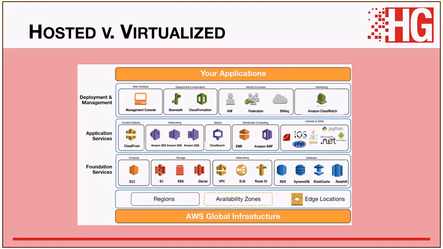So you think about it, there's multiple regions. They have edge locations that tend to be very, very close to where most customers are. They have availability zones throughout the world. And then they have these foundation services like EC2, which is a computing platform, or providing different storage capabilities or networking or database.